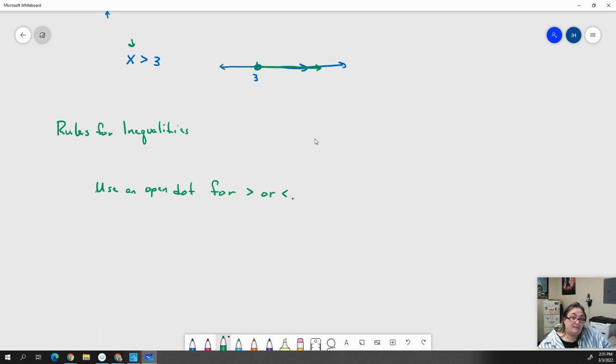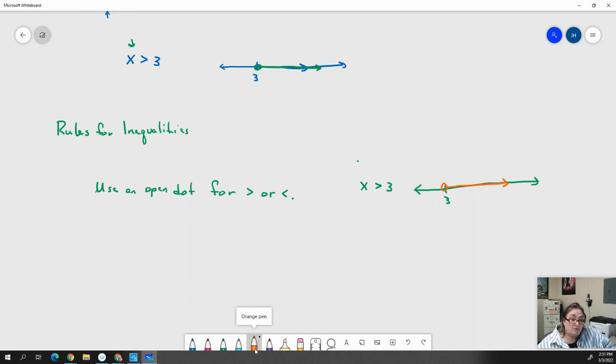So in this case, we had x is greater than 3. When we graphed it, at 3, we used an open dot to start with. The idea behind that is when something is greater than 3, it doesn't actually include 3, right? It starts at 3, but it's all the things that are bigger than 3. So ultimately, we keep that open dot to show that it's not actually including 3.